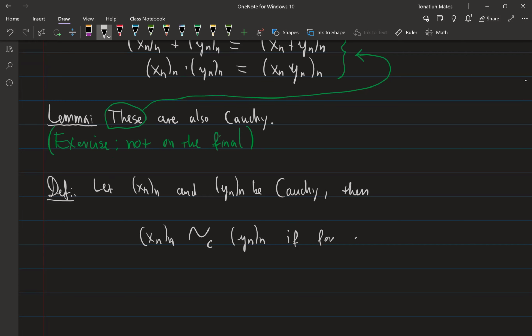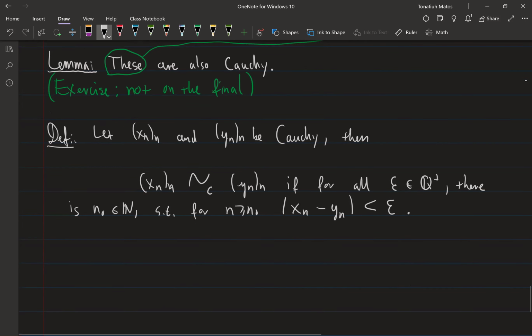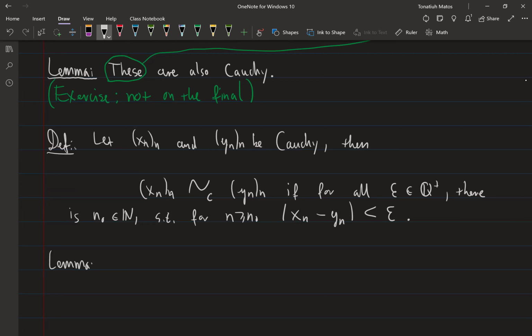If for all epsilon positive rational, there is n0 such that for all n bigger than n0, these approximate each other. So xn minus yn, we can use the same index here, it doesn't really matter, is less than epsilon. And a lemma that you should be comfortable enough proving is that this is an equivalence relation.